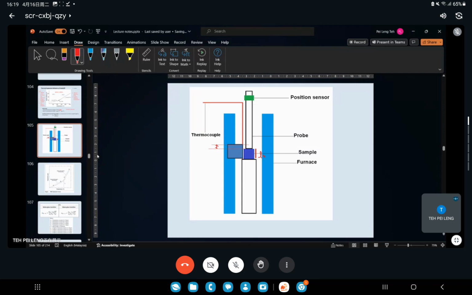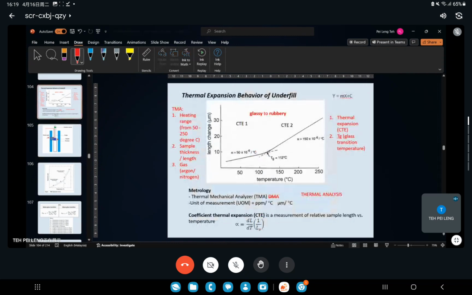You must divide it by your L naught, then you can get your CTE. Very simple, right?